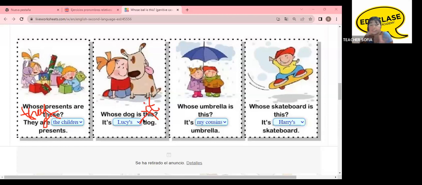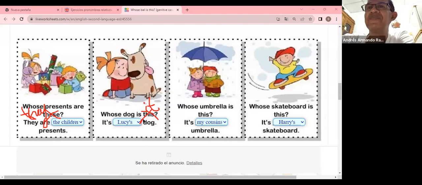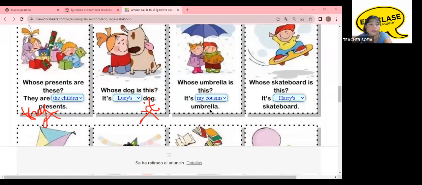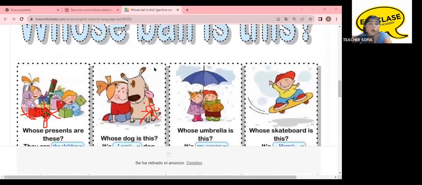Remember the use of this and that. And for both, neutral, it doesn't matter if it is close or far, we can use the pronoun it. Whose dog is it? Okay, thanks. But most of the time we use this and that, those and these, singular and plural. Okay.